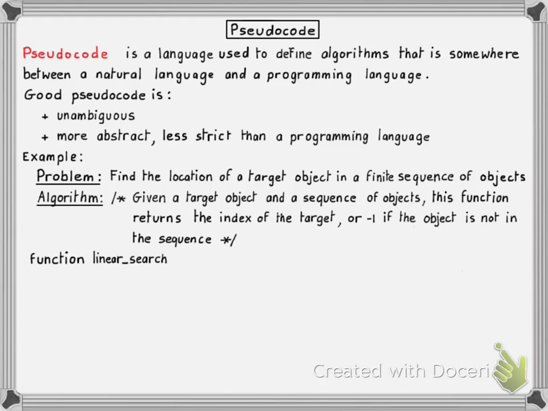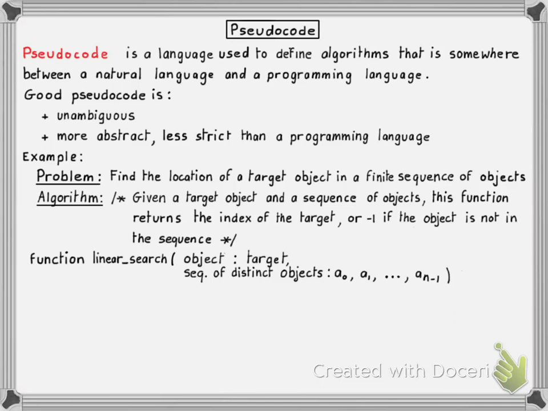The third required element on the first line of the algorithm is the list of inputs to the algorithm. In this case, there must be one input, which is the target, which is followed by a colon and then the type of element we're talking about. In this case, it's a very generic type called object.